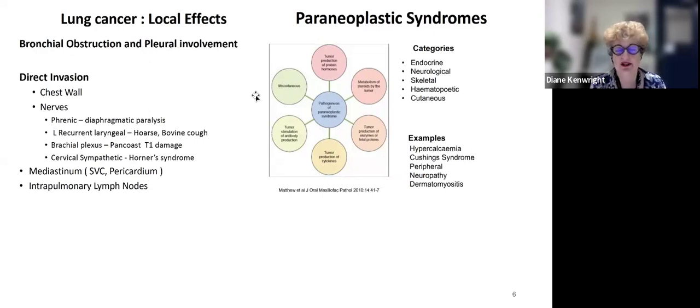In squamous cell carcinoma, it's parathyroid hormone related protein, which causes hypercalcemia, but small cell carcinoma is well known for releasing ACTH, causing Cushing syndrome, and antidiuretic hormone, causing syndromes associated with those endocrine hormones. And then all cancers, but particularly lung cancers, can have non-specific changes at a distance as paraneoplastic syndromes, such as neuropathy and dermatomyositis.